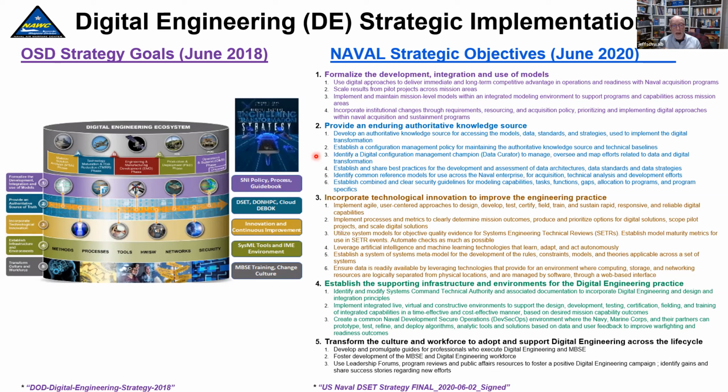When we subscribe to each other's high-level designs to drive the systems, we will be able to achieve what we started out with at the beginning of this slide: formalizing the development, integration, and use of models wide and deep. So that's a real fast run through.